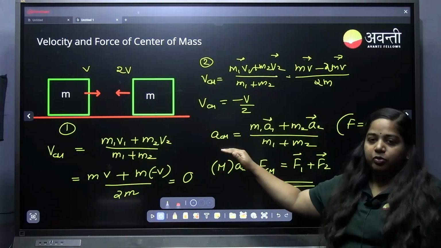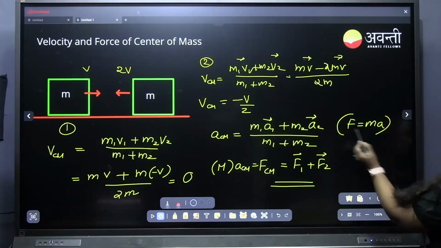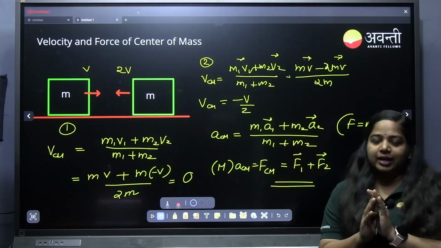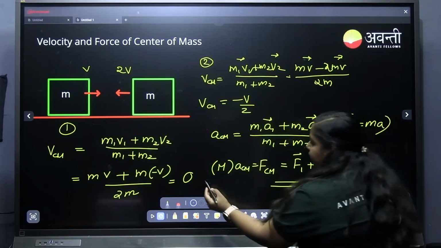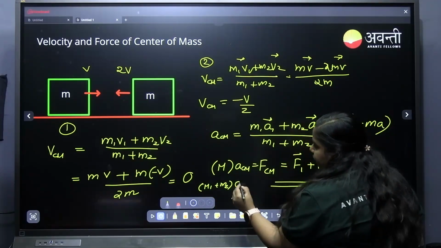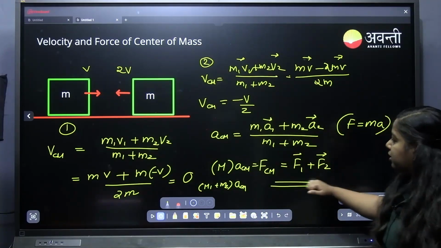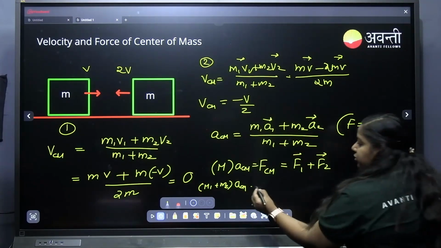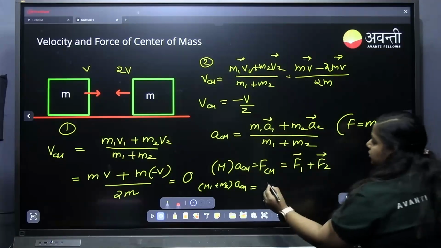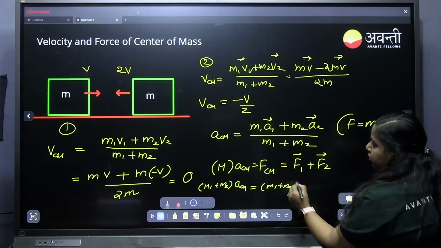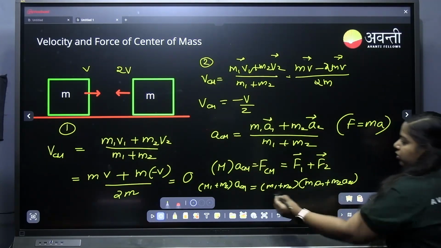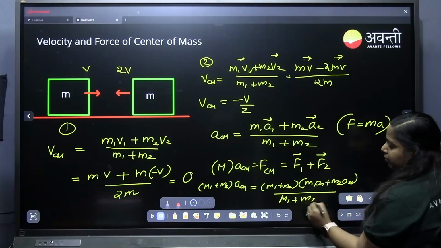Acceleration of center of mass we found, right? Now, force is equal to mass into acceleration. At center of mass, total mass is acting. Total mass is capital M, or we can say that this is m1 plus m2. Now, if you multiply m1 plus m2 on the RHS also, m1 plus m2 multiplied by m1a1 plus m2a2 divided by m1 plus m2 will come, right?